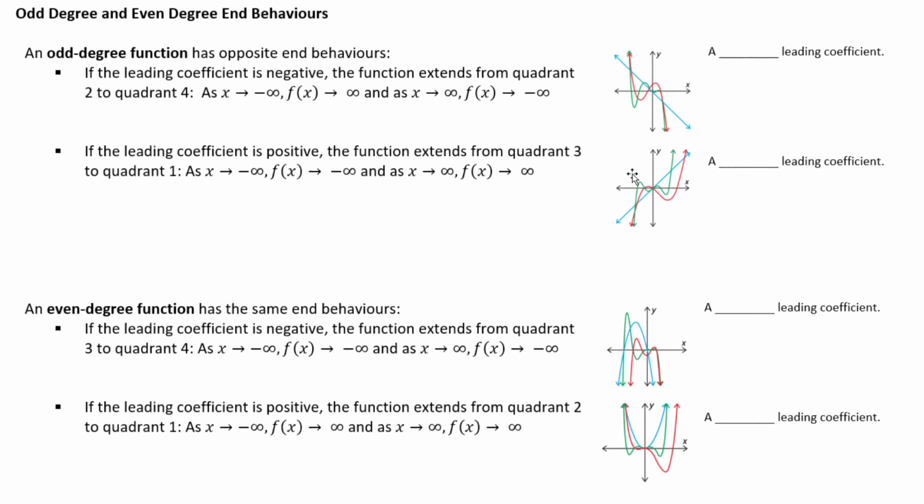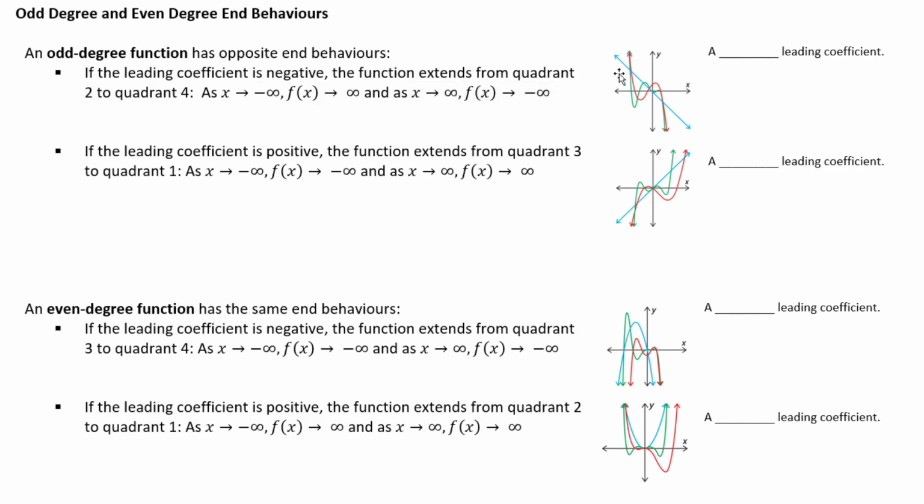Okay, let's take a look at odd degree and even degree end behaviors. An odd degree function, so basically a polynomial function with degree 1, 3, 5, 7, etc., has opposite end behaviors, and what we mean by that is that if the leading coefficient is negative, the function extends from quadrant 2 to quadrant 4, right?